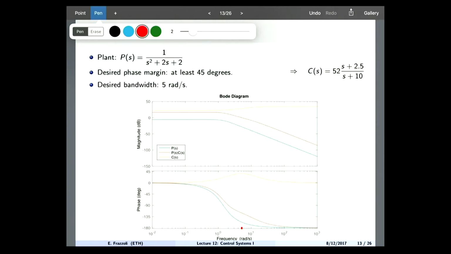And if you do it on MATLAB or anything else, what you'll find is that it's just fine to have the zero at 1/2 the crossover, right? So the zero will be at 2.5 and have the pole at twice the crossover, which is 10, okay? And this is exactly what you get, right?